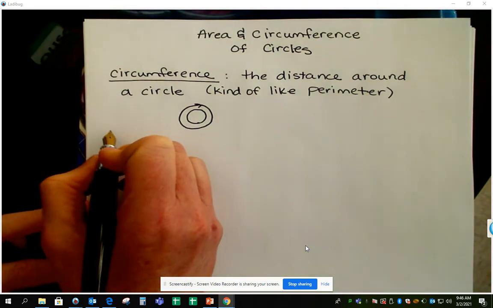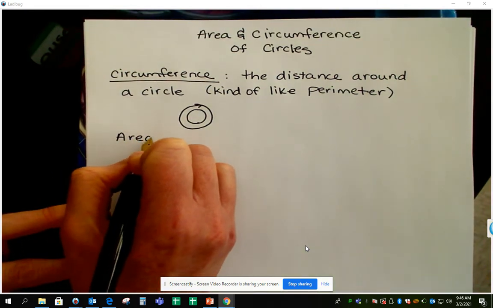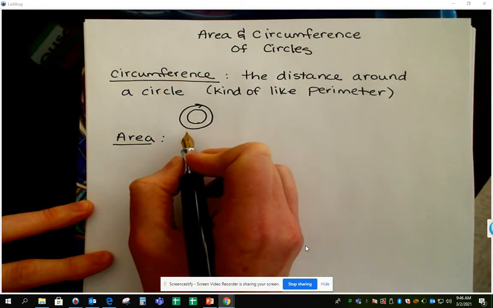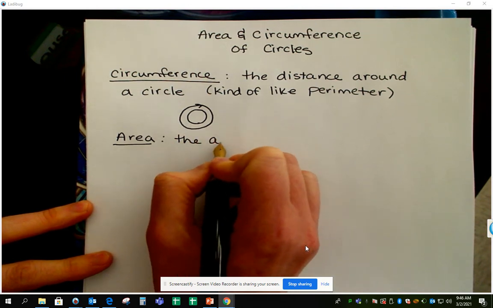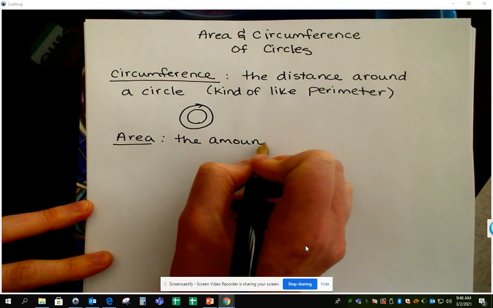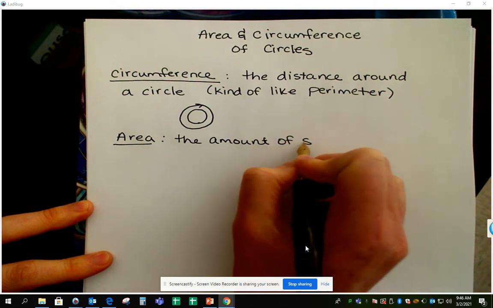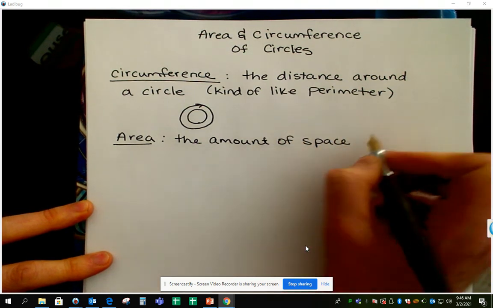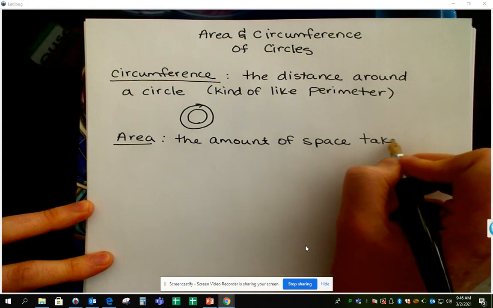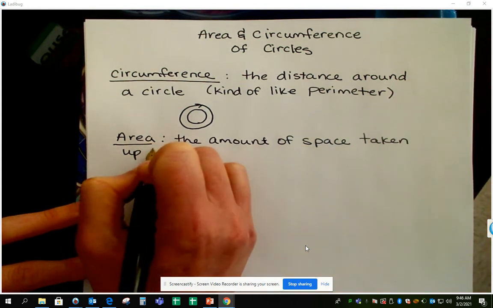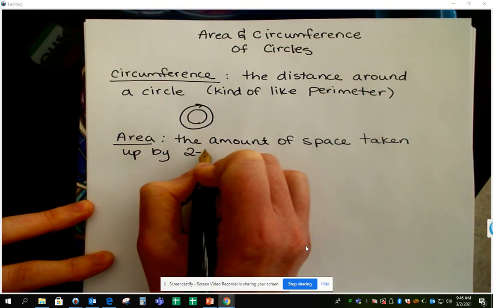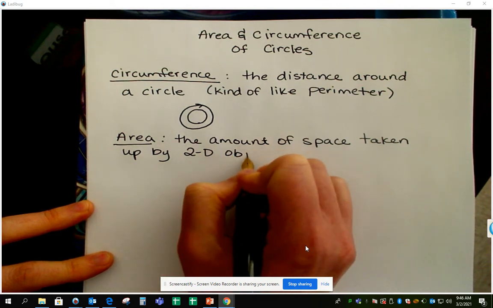Okay? Area is the amount of space taken up by an object. Let's clarify that by a two-dimensional object.